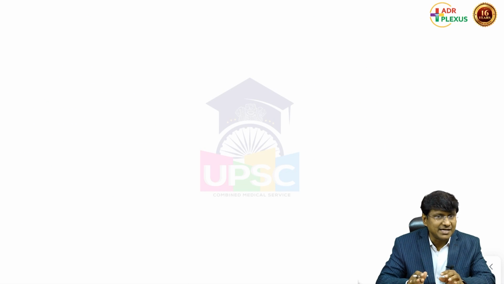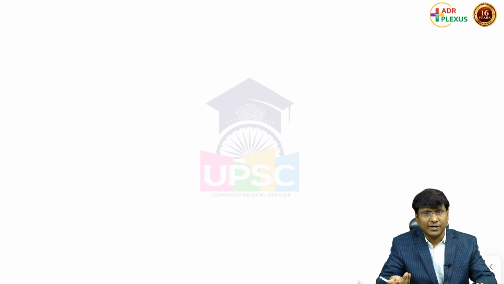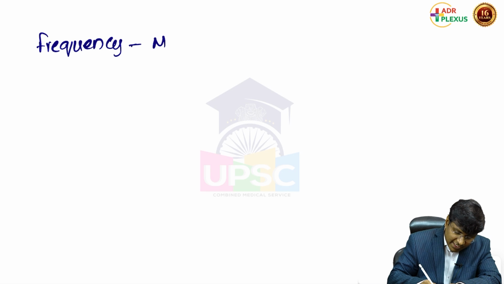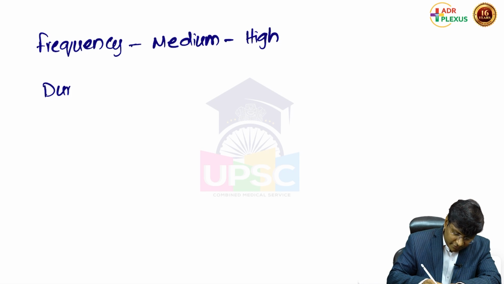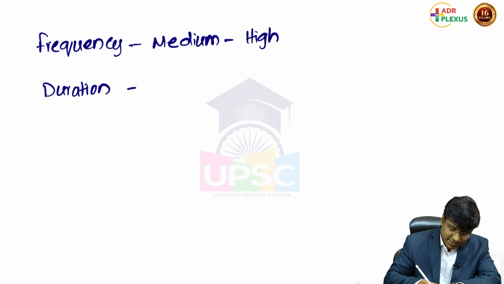So if you see the discussion related to the S1, if you take the frequency of the S1, it is the one with medium to high frequency sound. Okay. Then if you take the duration of the first heart sound, it is around 0.14 seconds.